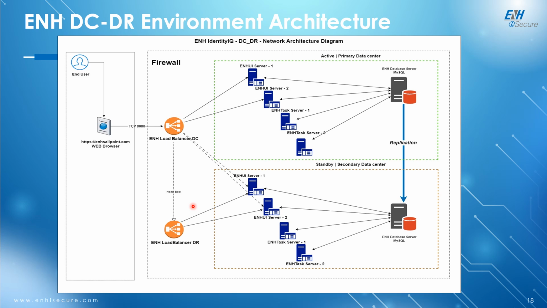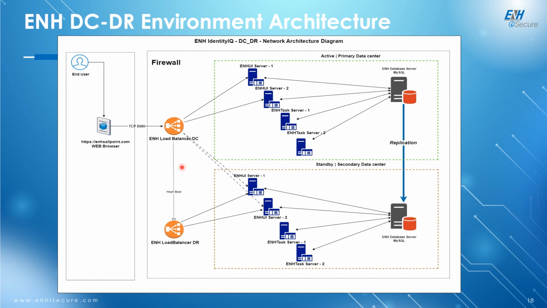The primary load balancer, which is active, actively manages and distributes the incoming request traffic to the servers in the primary data center, and continuously monitors the health and performance of the servers in the network. The secondary load balancer remains in standby, not handling any traffic under normal conditions.